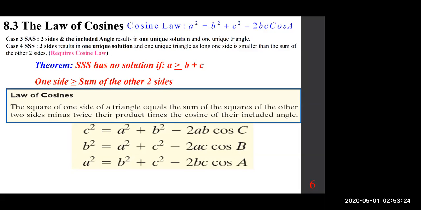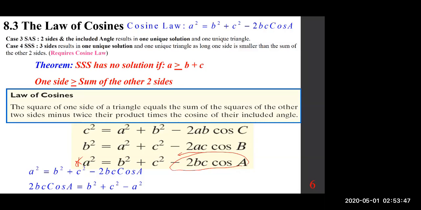If you look at, for example, the last one, and you move minus 2bc to the other side and a squared this way, then it gives you this, right?